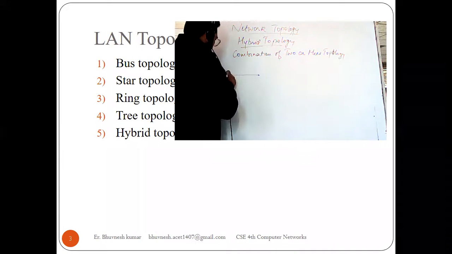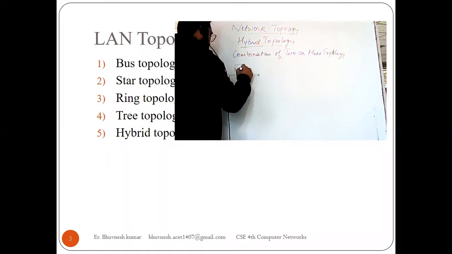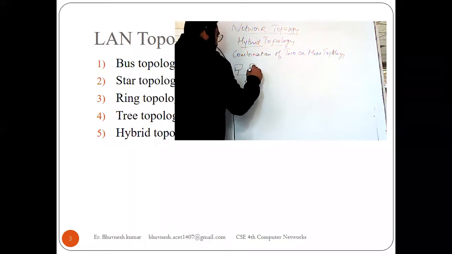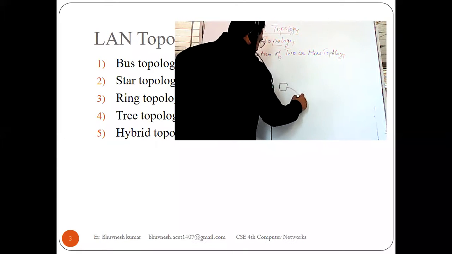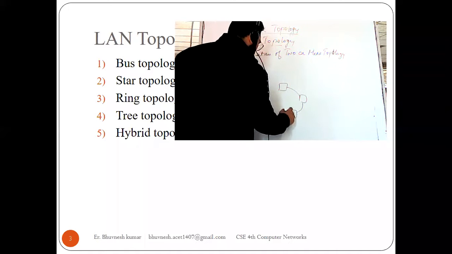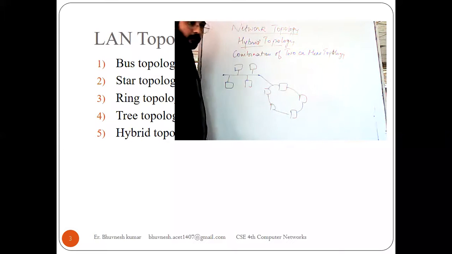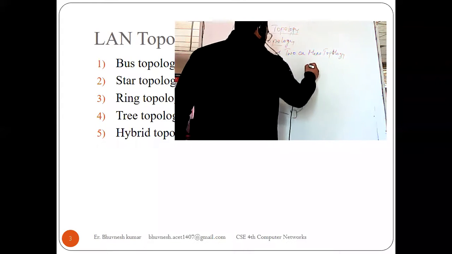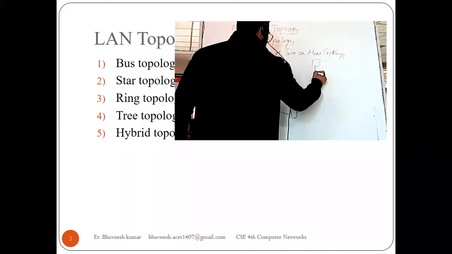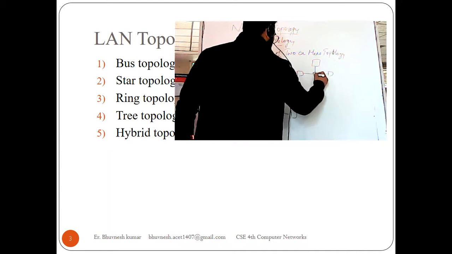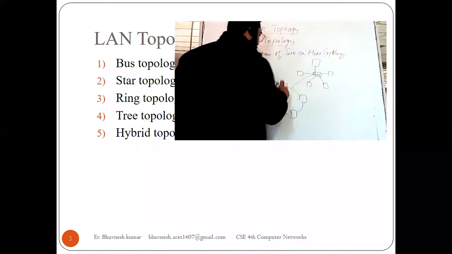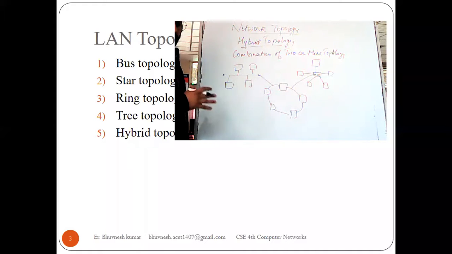If I make here a bus topology, and further there is a ring topology, they are connected with each other. And further there is a star topology. They are connected with each other. So here the combination is there, a combination of more than two topologies.